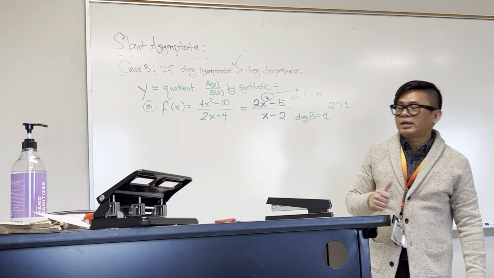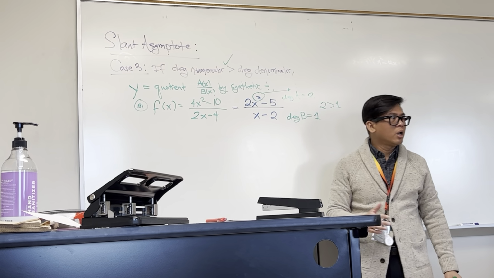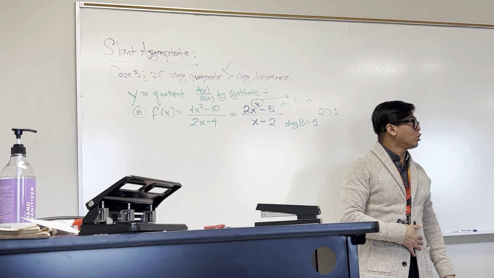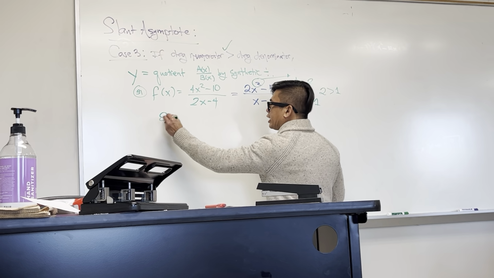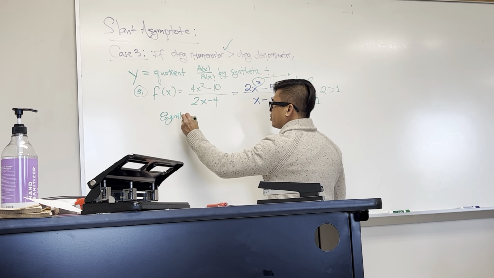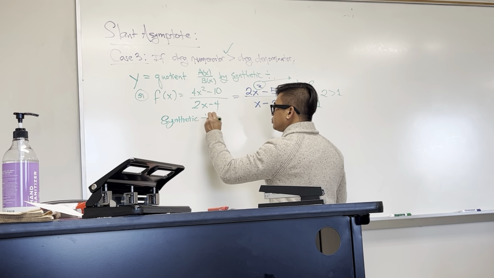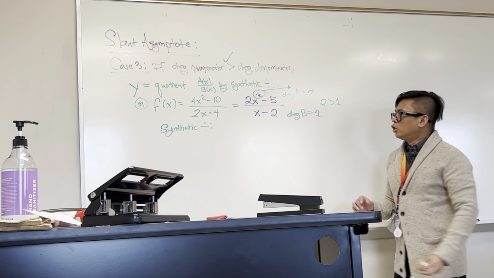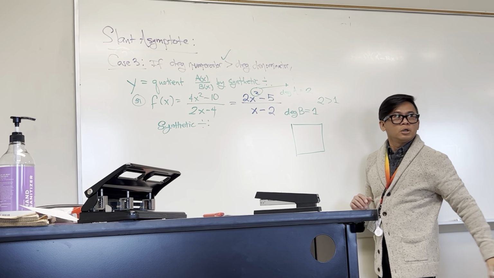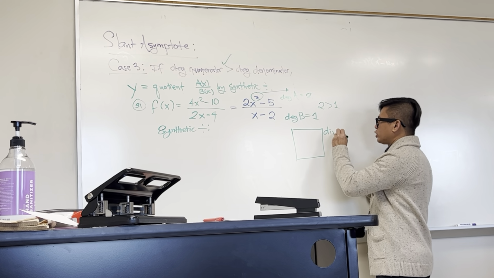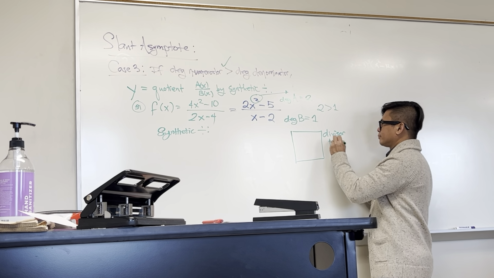So with that being said, let's do our long division or synthetic division. It doesn't really matter which one you prefer. Let's try to use the synthetic division. Look at the divisor box first. What do we put in our divisor box?